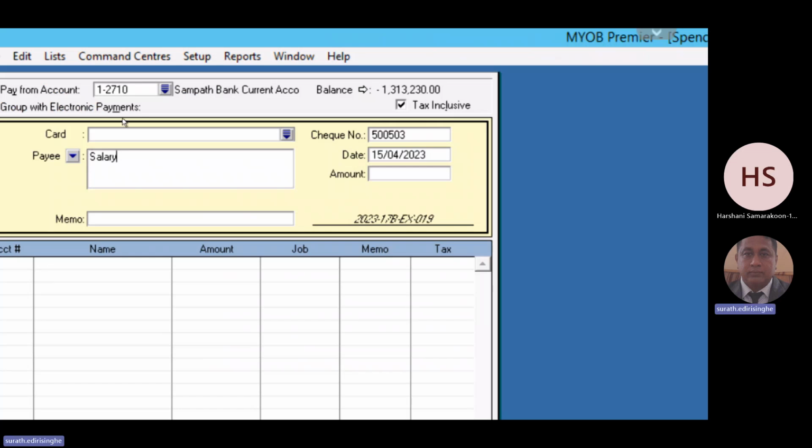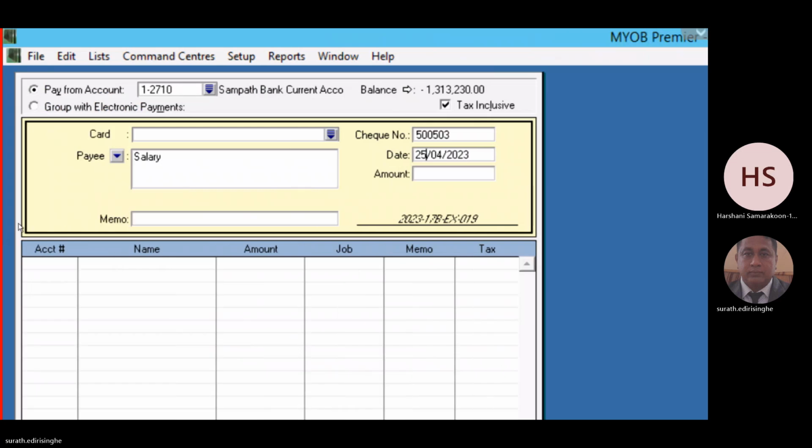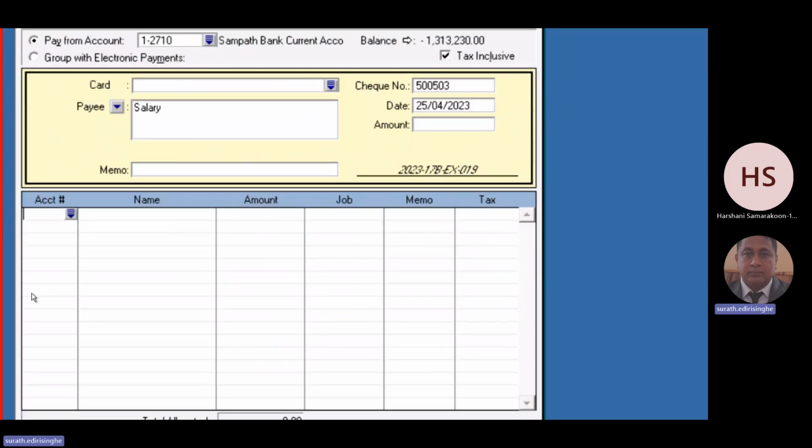Credited on your Sampath account. Change the date on 25th. Then first debited to which account? Tell me. Provision account. Provision mean salary.